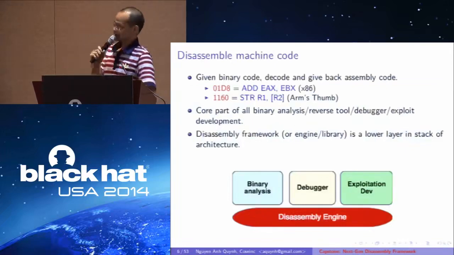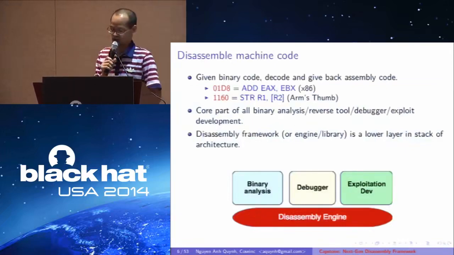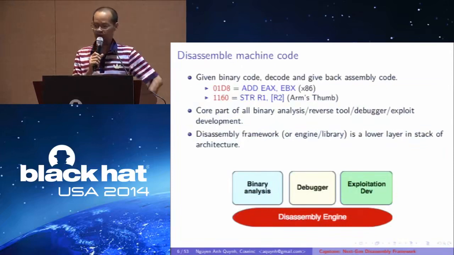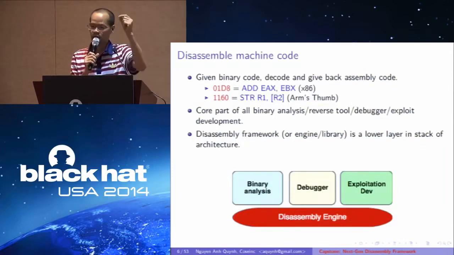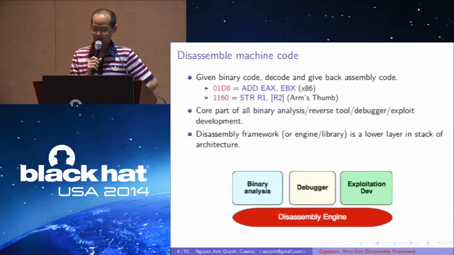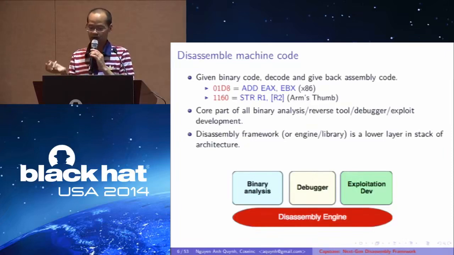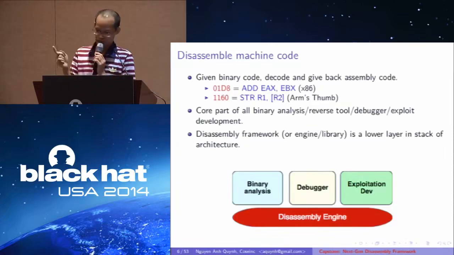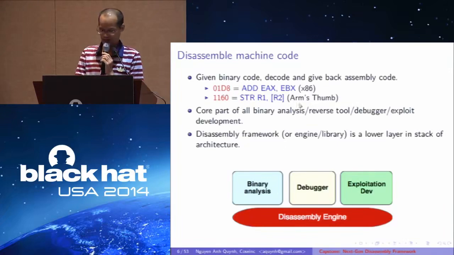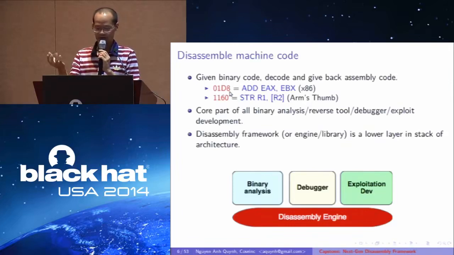Okay, so now looking at disassembling machine code. So the idea is that given binary code, only bytes, right? You need to decode and give back the assembly code. First of all, on screen you can see on x86, given the bytes 01 D8, you need to return the instruction add eax, ebx.